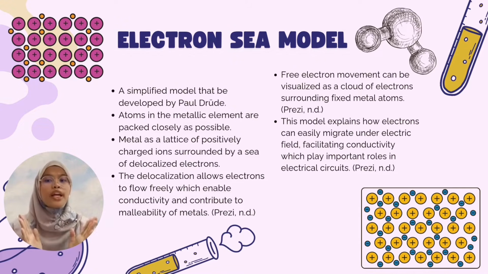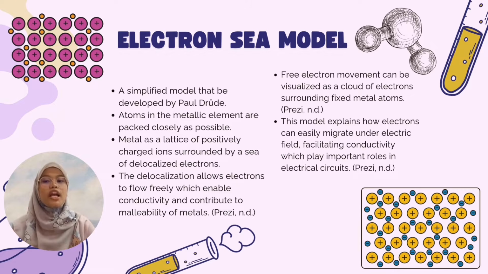Now, why does this matter? Because the electrons are delocalized, they can flow freely through the metal. This free flow is exactly what makes metal malleable and conductive. Think about the devices you use every day.